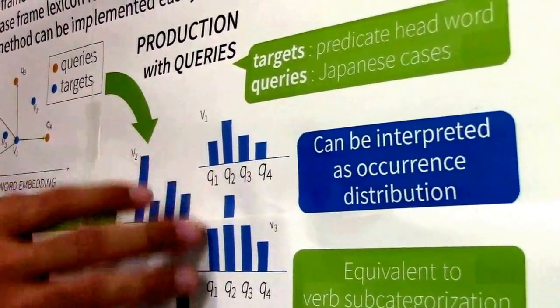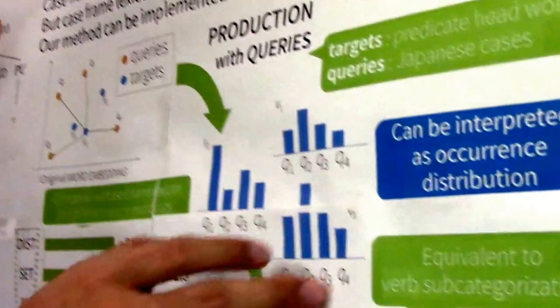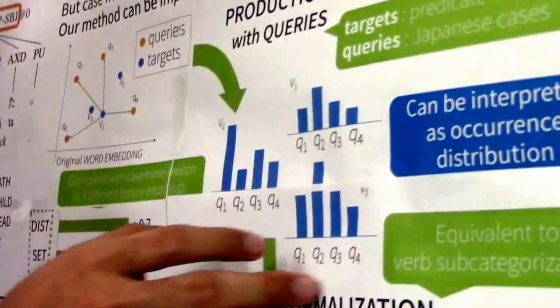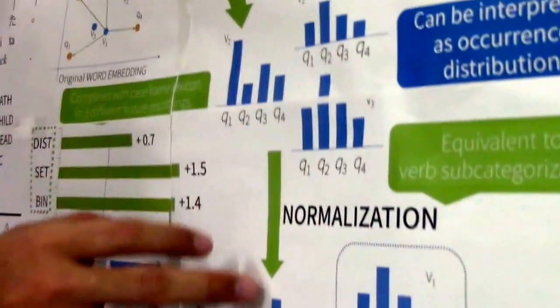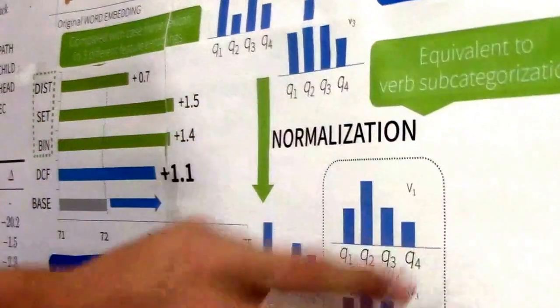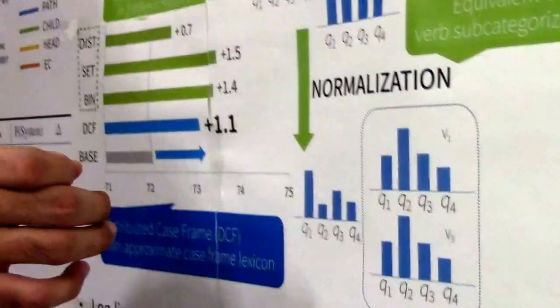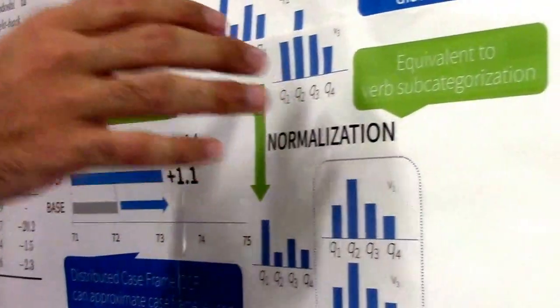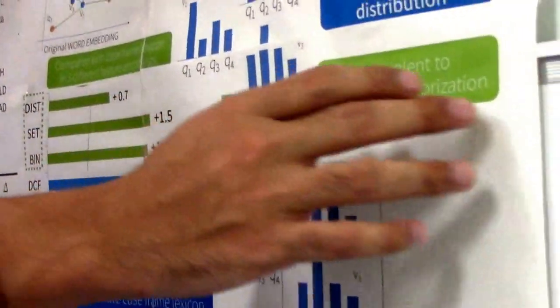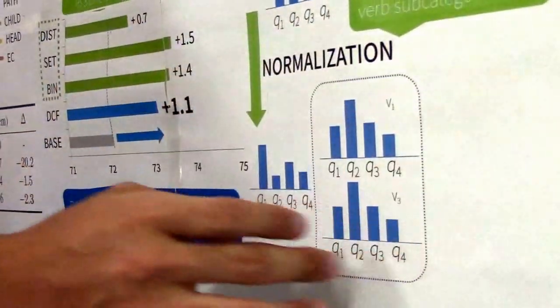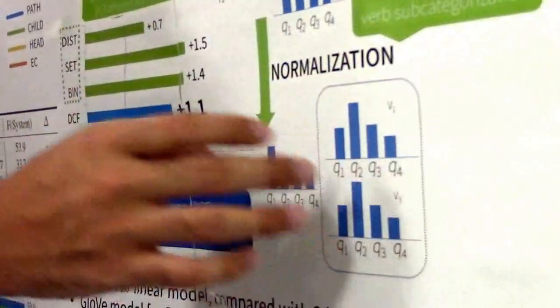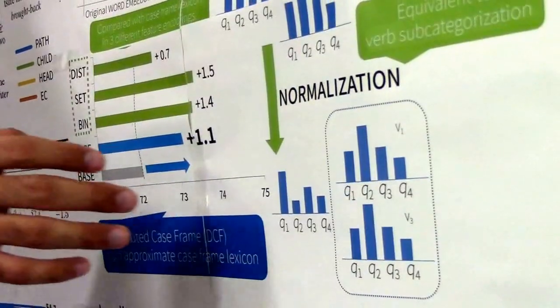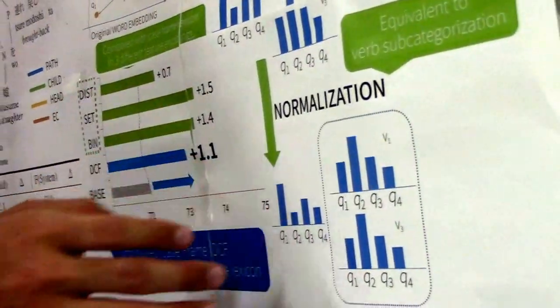And finally we normalize these distributions. This process is equivalent to verb subcategorization. So we get this distribution, informative for empty category detection.